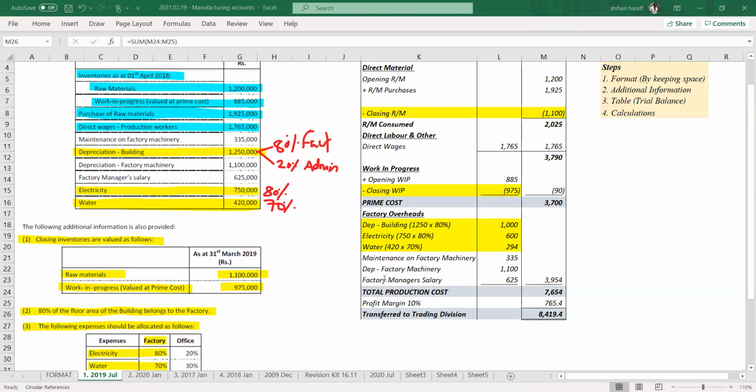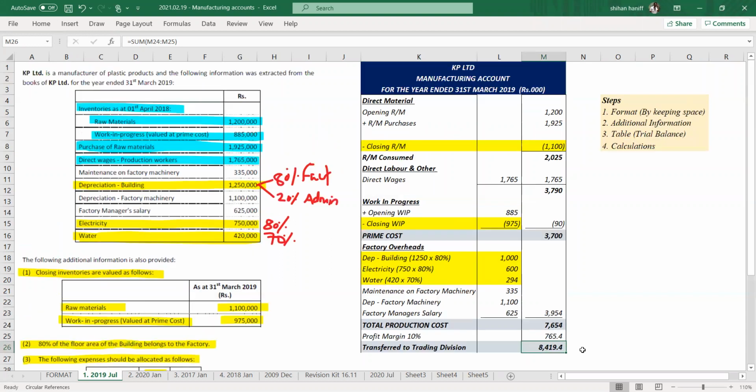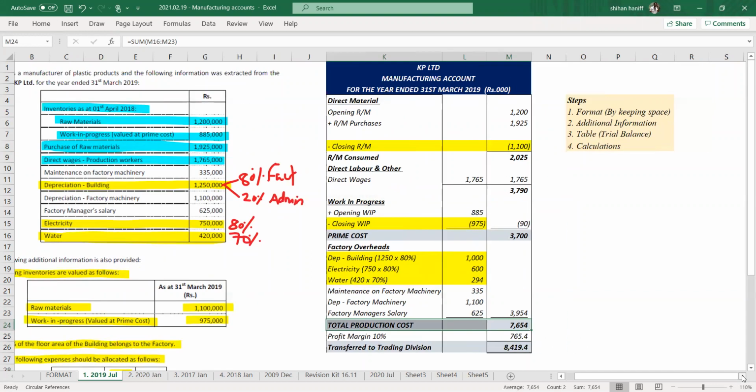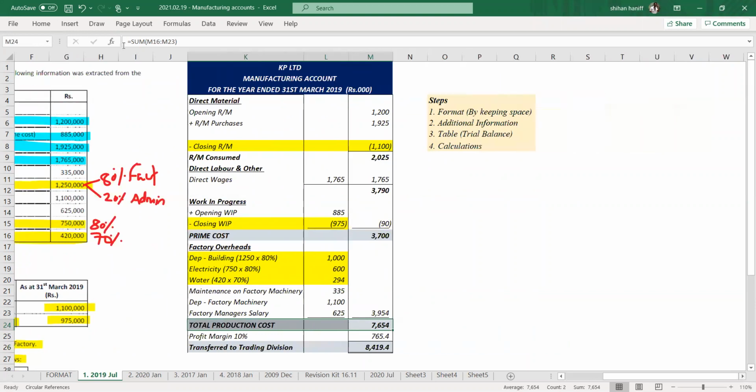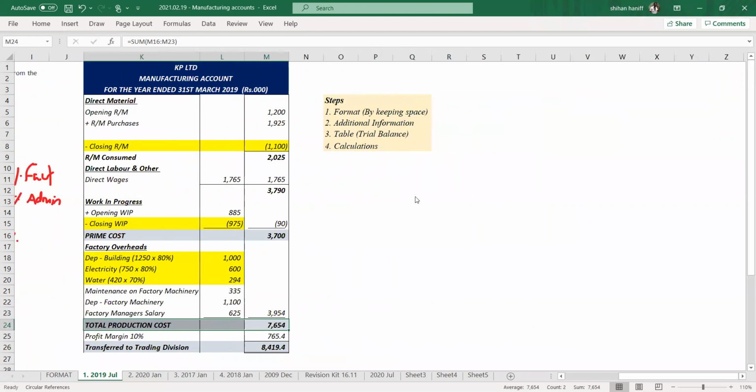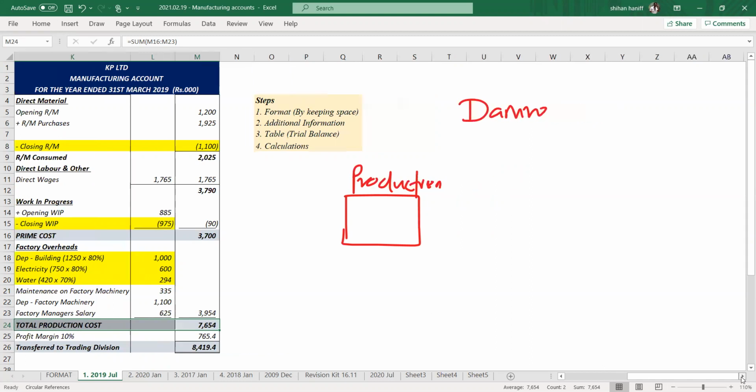Let me explain profit margin in a different way. This is the production department. Let's say I'm talking about Damro Furniture Company.